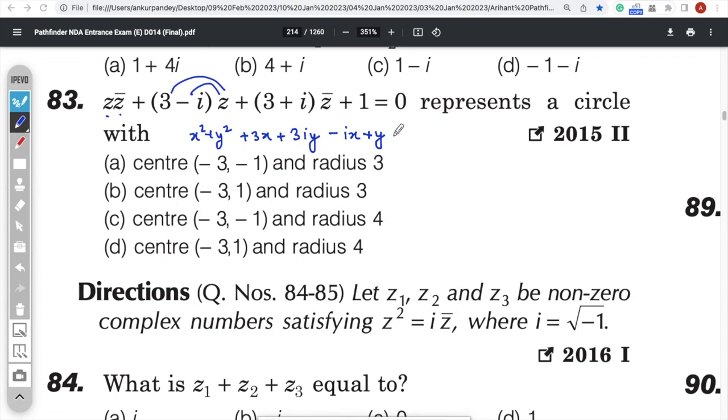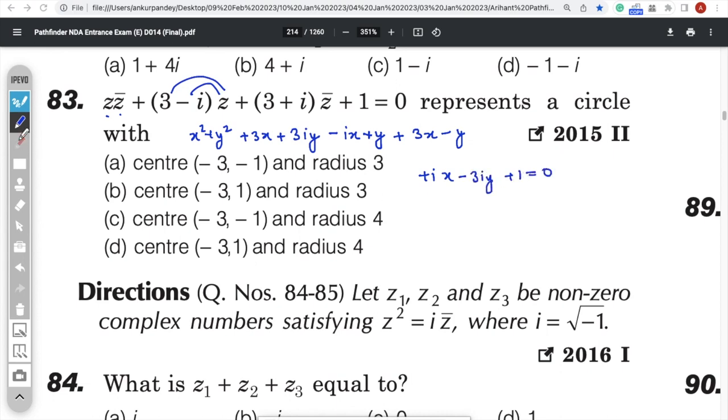So plus 3x minus y plus ix, minus 3iy plus 1 equal to 0.